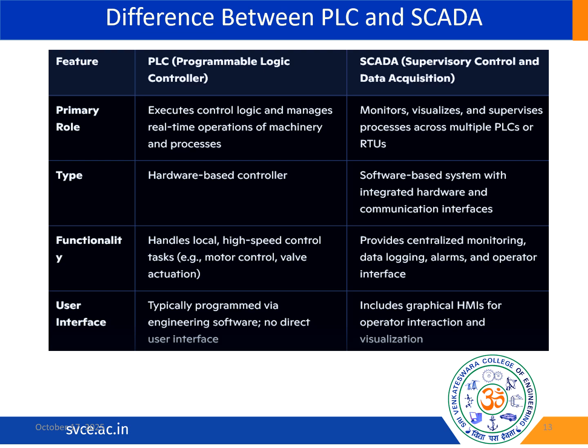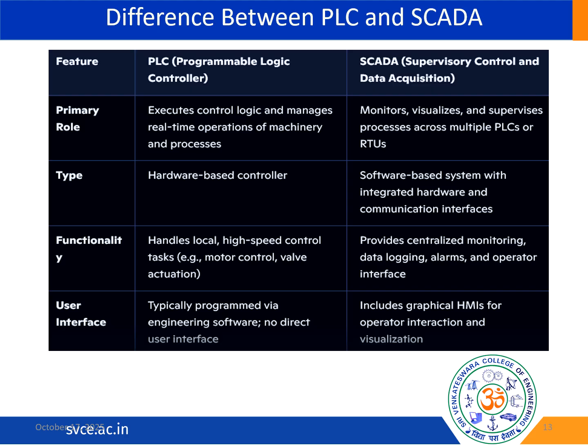Here you will be learning about the difference between PLCs and SCADA. The first difference you will be learning about is the feature. You have different types of features in PLCs and SCADA, so I'll list some differences between PLCs and SCADA. The first, primary role: a PLC executes control logic and manages real-time operations of machinery and processes.